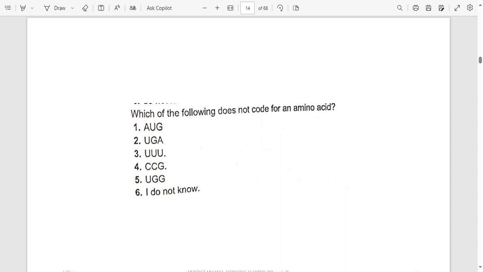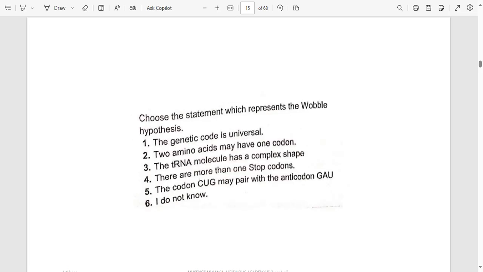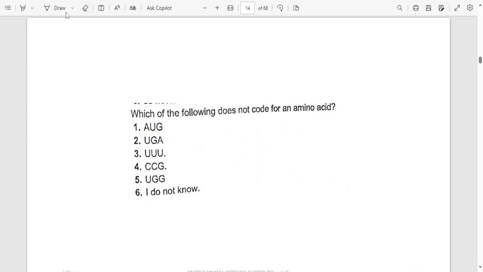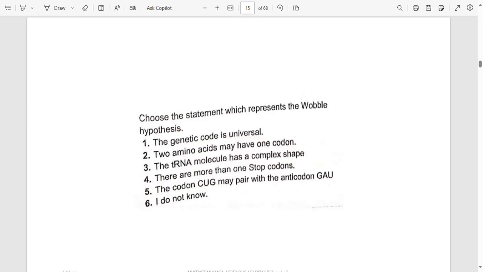Why do you say so? Very good. It is a stop codon, and stop codons don't give us amino acids. Excellent. Let me not be taking the answers because it makes people lazy. I normally don't like going through papers where there are answers.